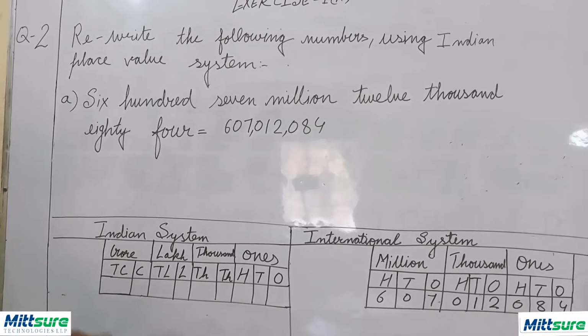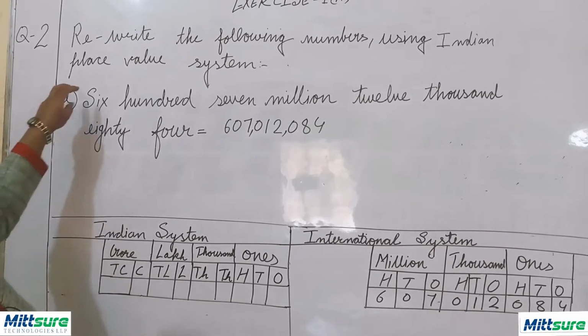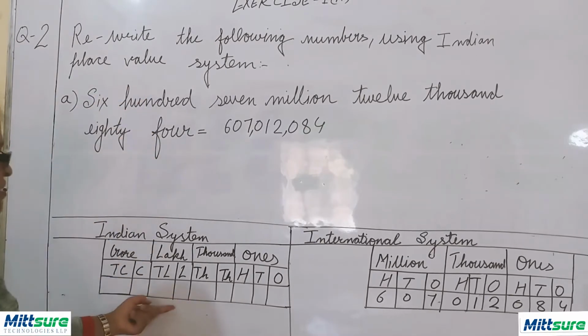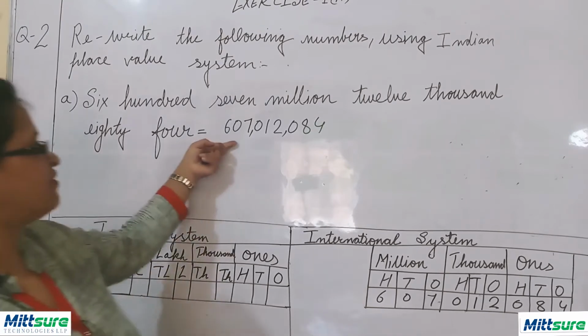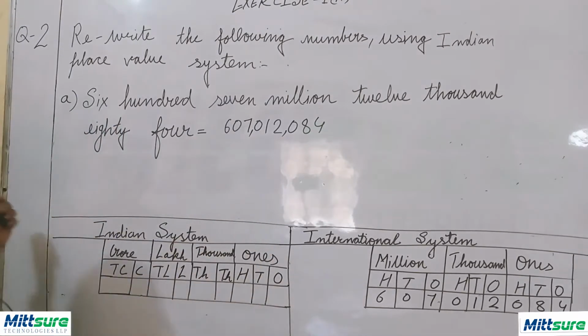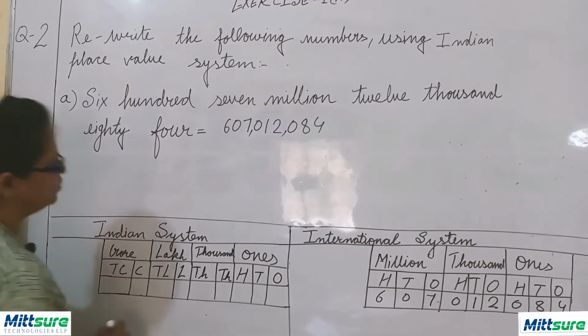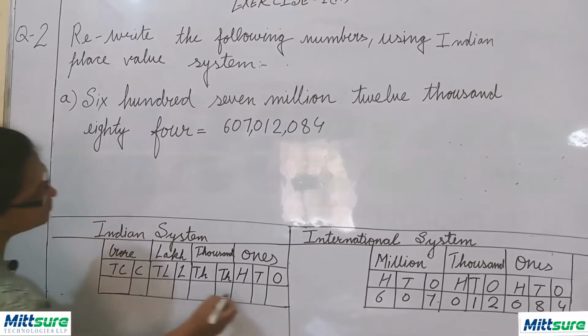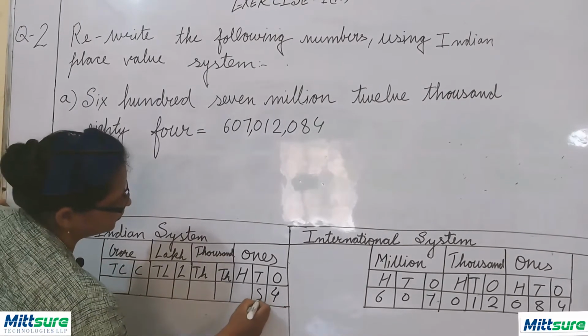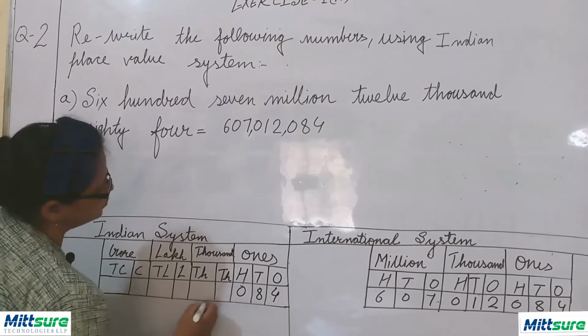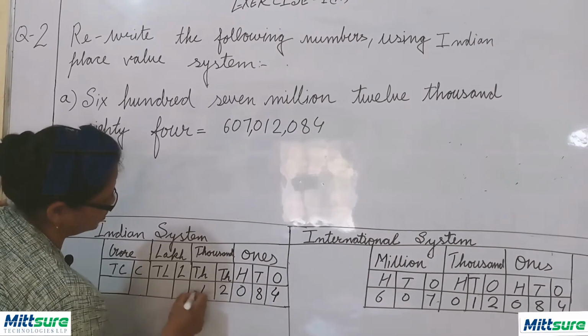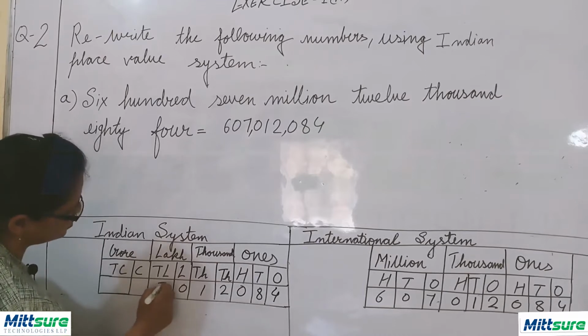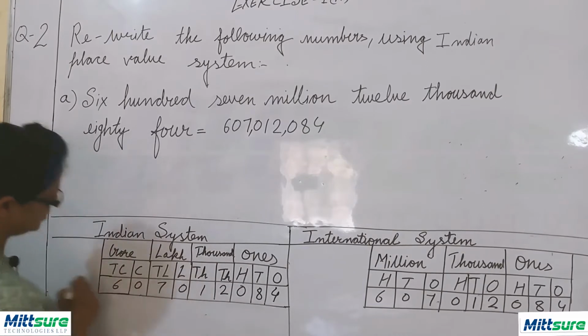Rewrite the following number. I have to write this number again in the Indian place value. This is the Indian place value chart. If I write this number in the place value chart, what will differ? Now look here.